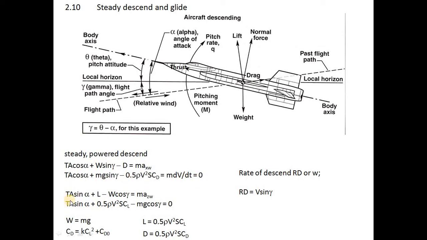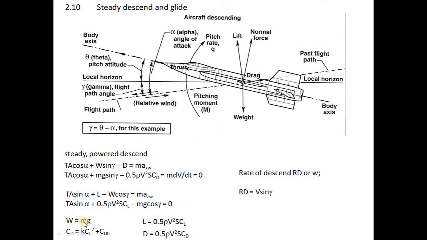Now, the second equation is in the z direction, perpendicular to the wing, in the direction of lift: thrust available sine alpha plus lift minus W cosine gamma is equal to mass times acceleration. Again, this is also steady, so there is zero acceleration in this direction.